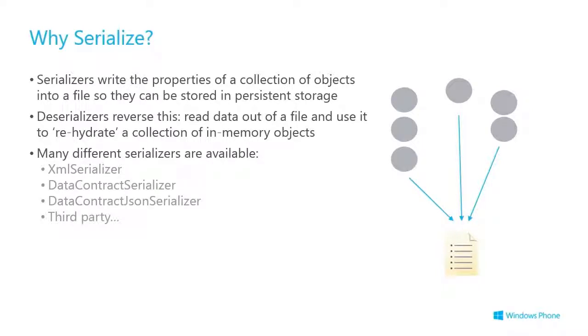So why in the world would you want to do that? You might have collections of objects in memory that you're accessing. As you move through the life cycle of your application, you might need to save that data and then pull it out again. We've gone beyond simple files to collections of objects.